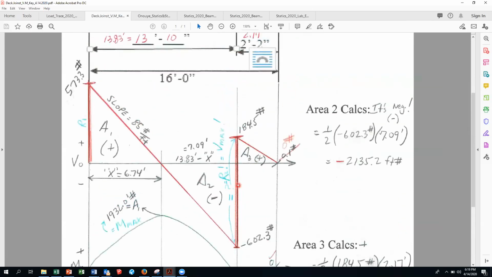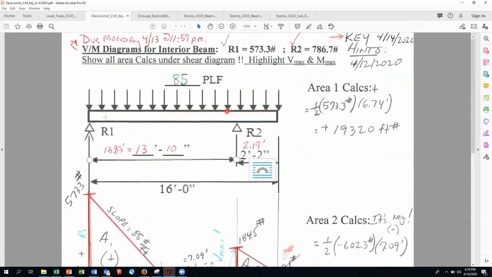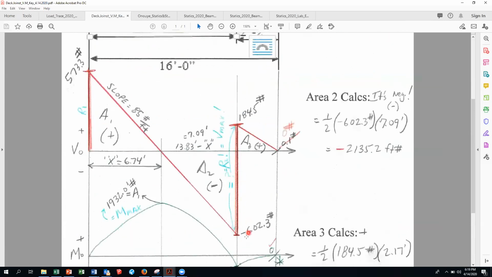Well, as JN said, you're going from left to right, and just before that reaction, the value of the shear curve is -602.3.